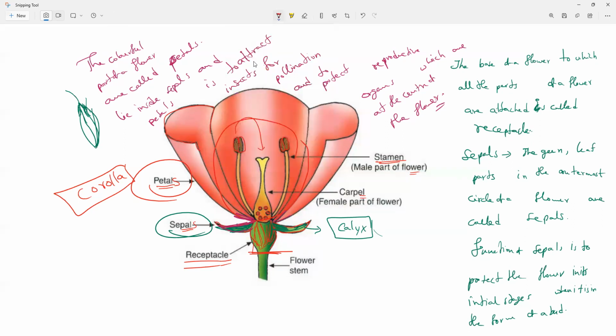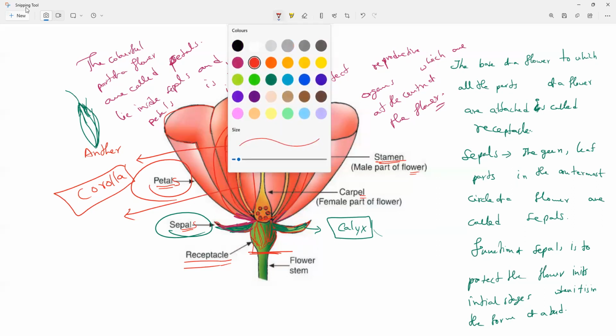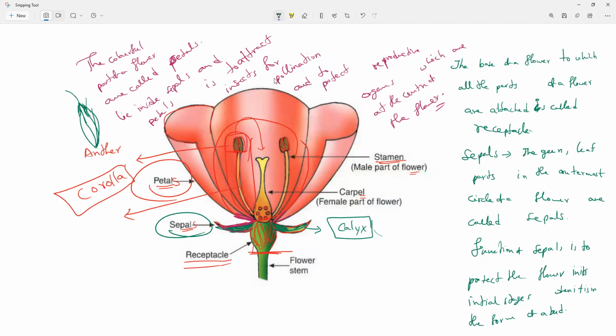The male reproductive part contains two parts. This bulb-like structure, all of you observe, we call the anther, and the tube-like structure, already we have studied chemotropism, do you remember? The tube will develop. That tube-like structure we call the filament.